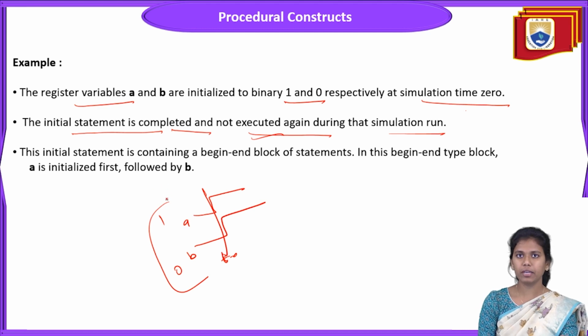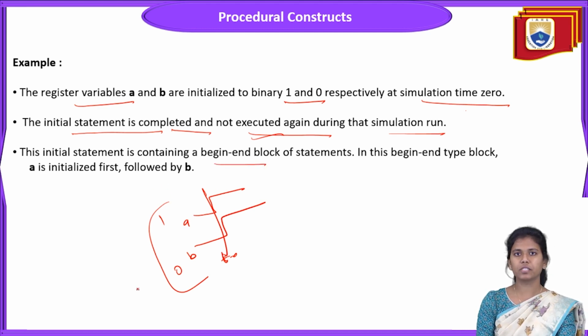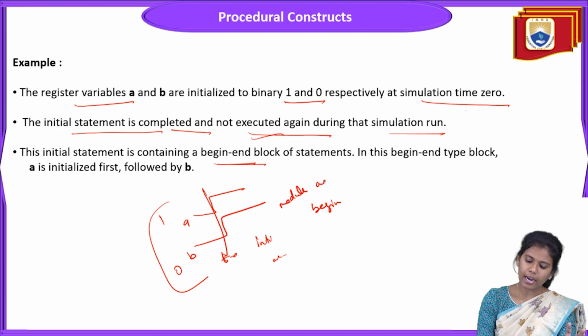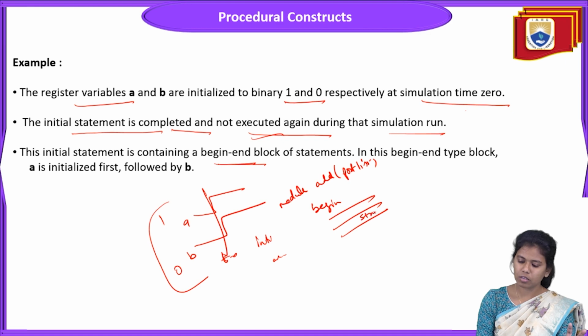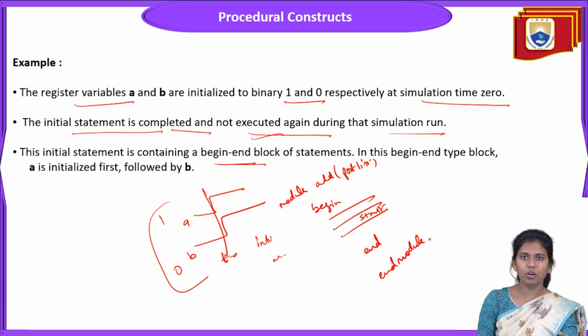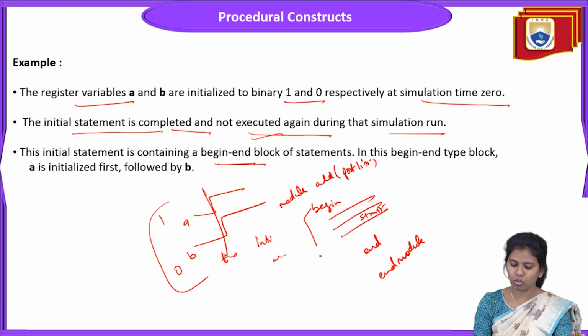Next, this initial statement contains a begin end block of statements. The procedural construct consists of two types: one is initial and one is always. So the initial statement contains a begin end block: module, port list, begin, statements, and then end module.